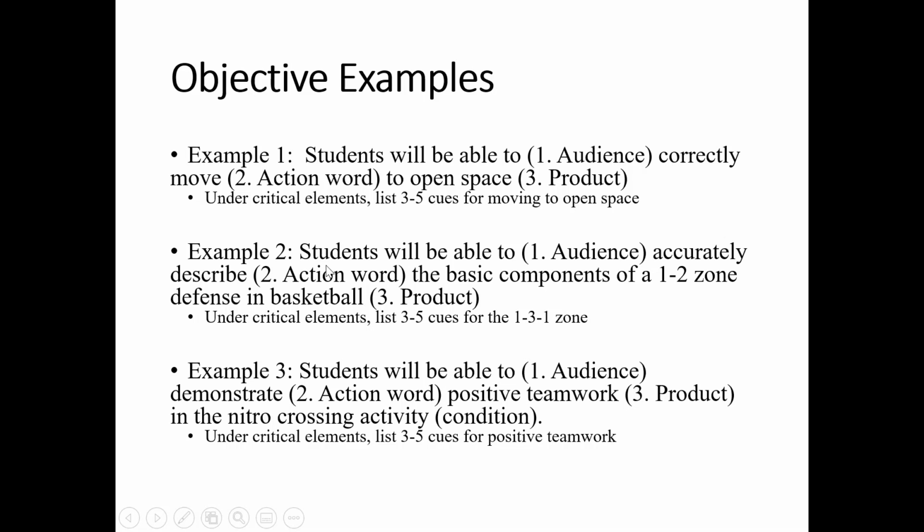Here we're looking for somebody to describe something. Describe is our action word, so if they're describing something, you're working in the cognitive domain. You have to verbally or with pen and paper describe something. Up here we were correctly moving. That's a physical aspect, you're actually physically moving, which is the psychomotor domain.